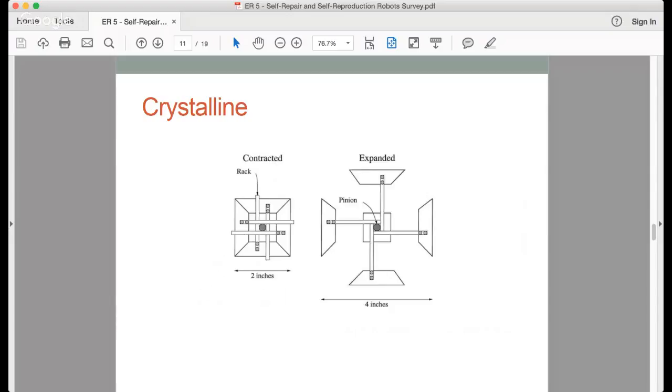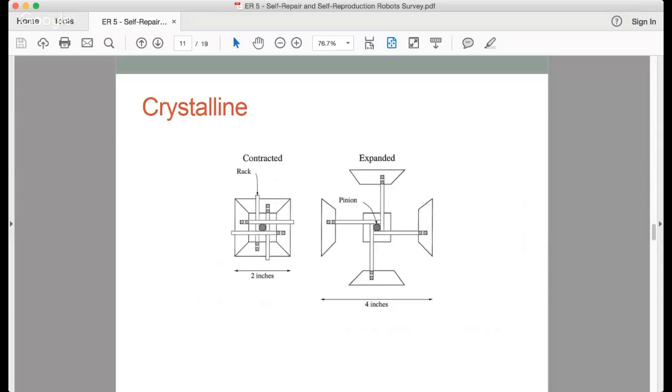However, this process is so different from TEBot, so let's see how. The 3-phase process of self-repair in Crystalline is as follows. Number 1, detect failure. Number 2, eject the failed module. Number 3, replace the failed module.